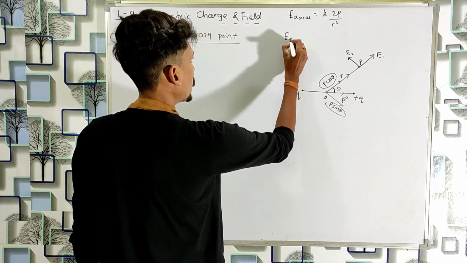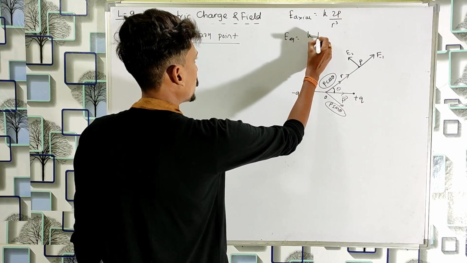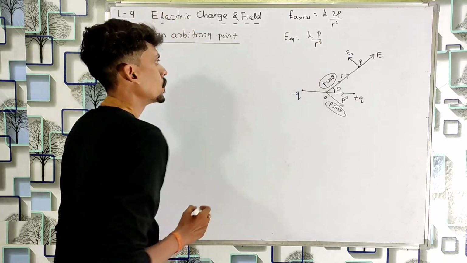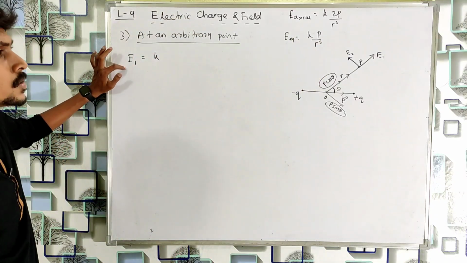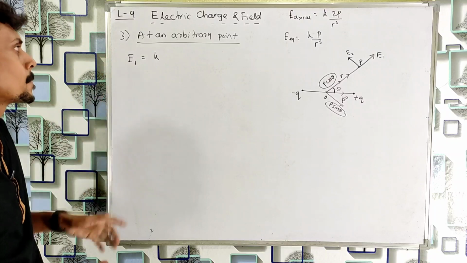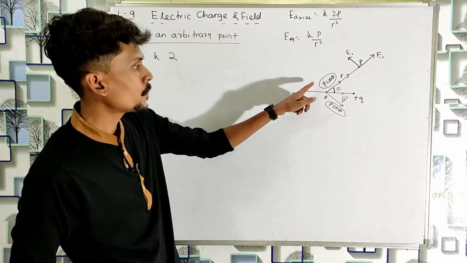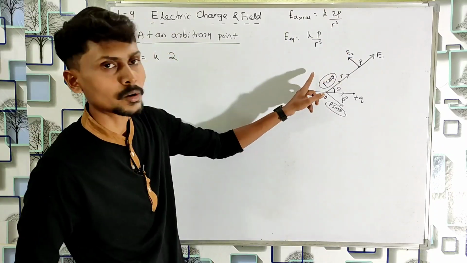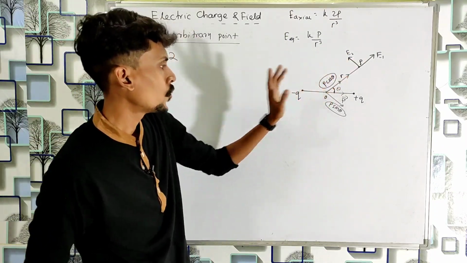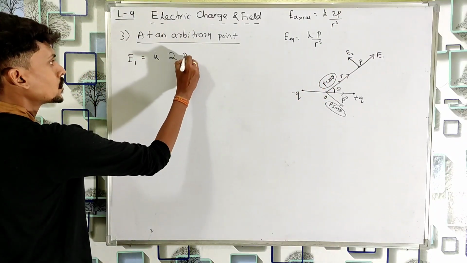And what is E equatorial? K into p by r cube. So here E1 will be E axial, so it will be K into 2 into, here the dipole moment is P cos theta. For the axial field we have to take the P cos theta component.